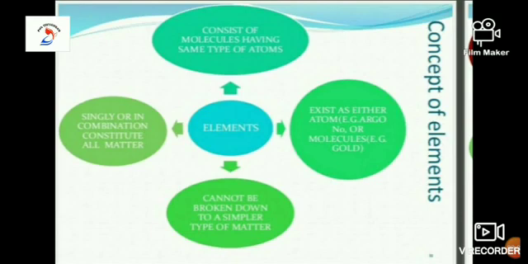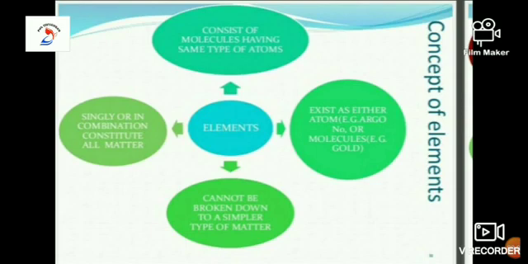Now, what is an element? Elements cannot be broken down into a simpler form. You have here the flow chart. It consists of molecules having the same type of atoms. Elements, you have seen in the previous slide, the periodic table.